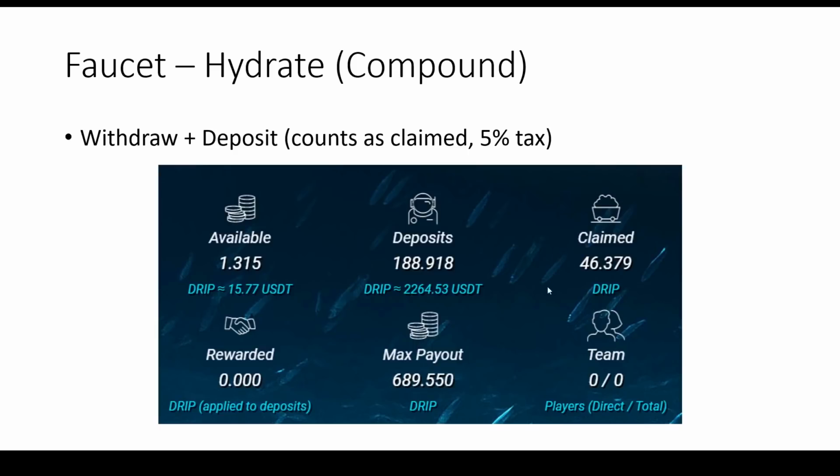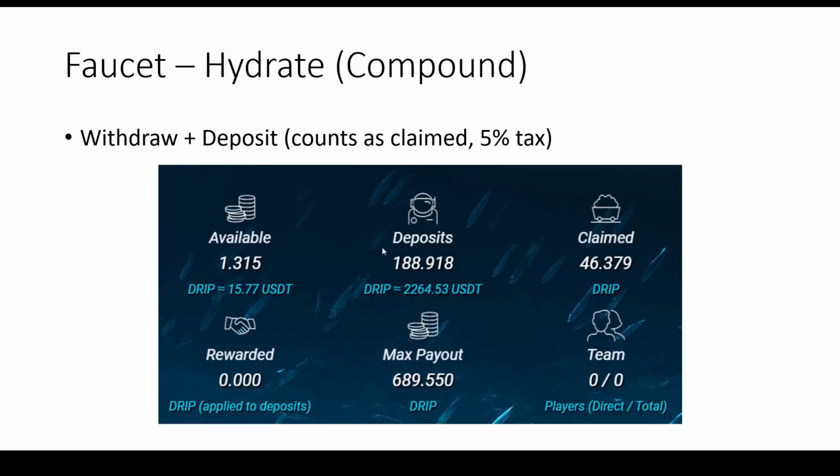Okay? It sounds weird. You're not claiming to take it out of the platform. You're not claiming to take it and sell it for BNB, but it is nonetheless a claim. You have claimed some of the tokens that you earned based on your deposits. So it does count against your claims even when you do a hydrate.